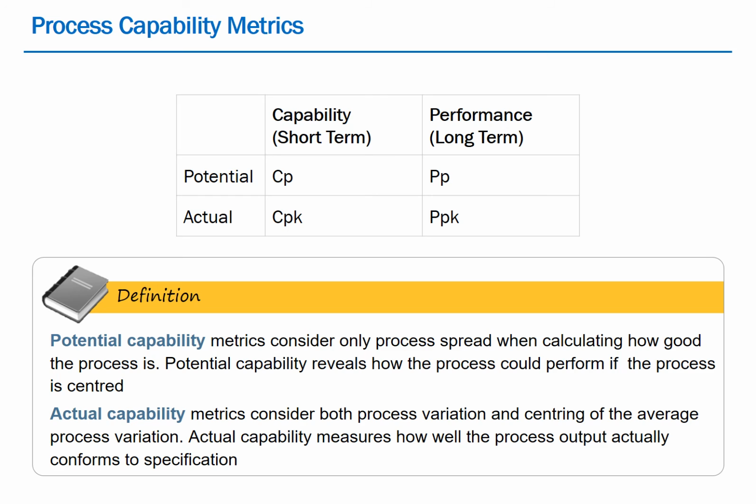The metrics that you see here are the ones that are most commonly used, certainly within manufacturing companies. These are CP and PP for potential capability, and CPK and PPK for actual capability. And in the upcoming masterclass, we will look at these in more detail and understand how they are calculated.